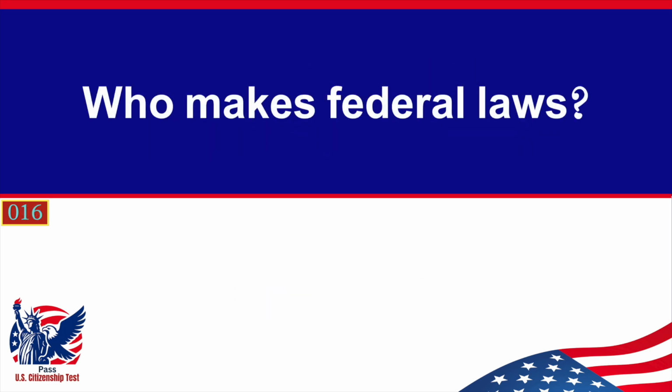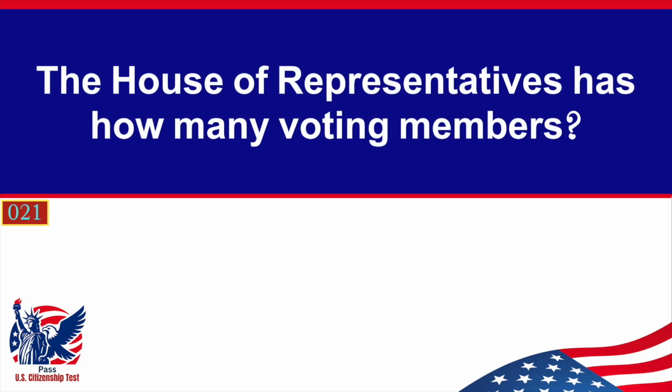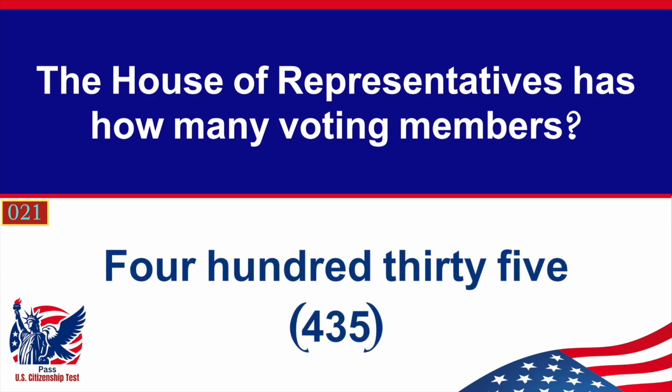Who makes federal laws? Congress. The House of Representatives has how many voting members? 435.